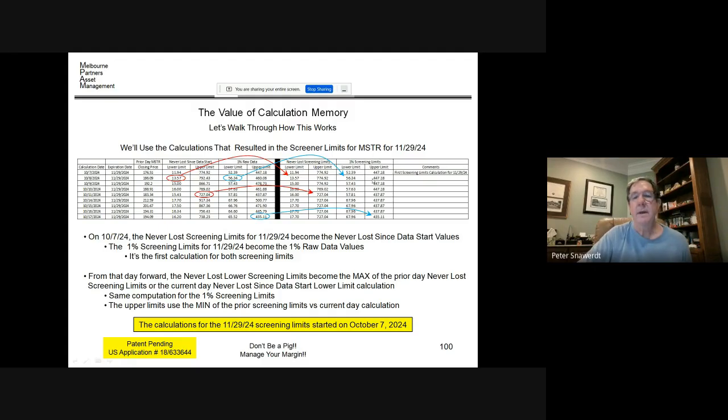We see that the current screener level of 56.34, from today's calculation right there, would represent the 1% screening lower limit for 10/8/2004. The lower limit on the never lost side is 13.57.